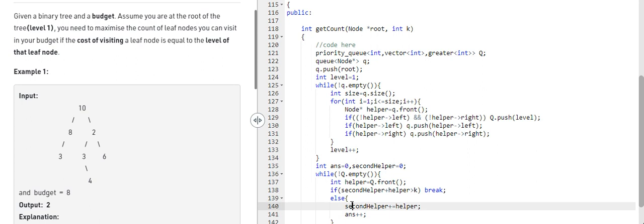If second helper plus helper is more than k, where k is the given budget, so our second helper and helper is more than the budget, we break this. Otherwise, second helper plus the helper.